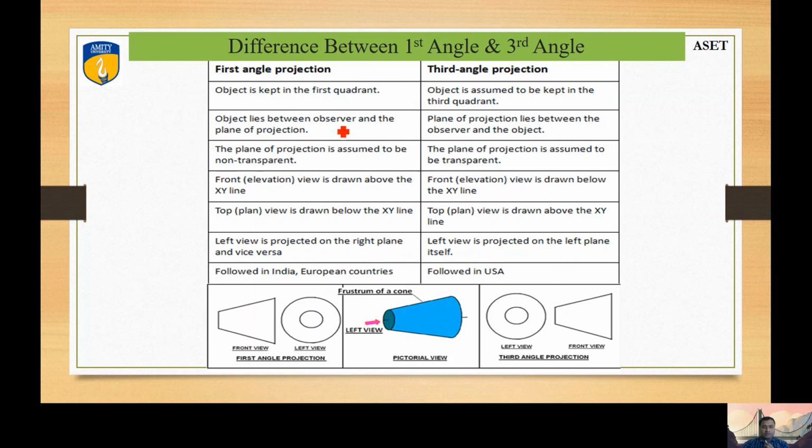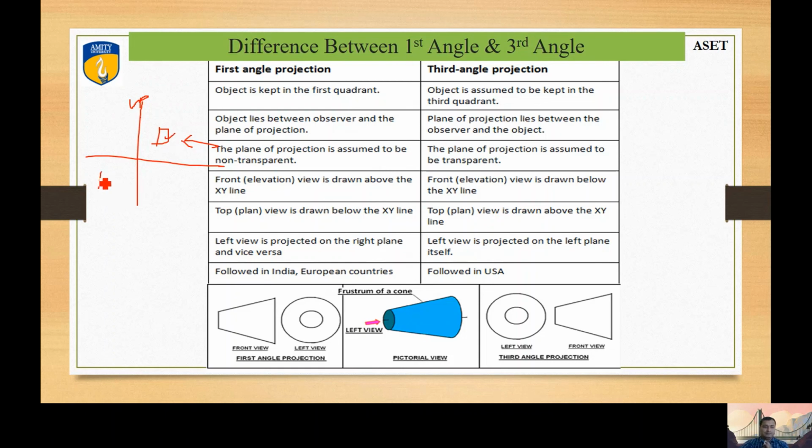In the first angle, the object is lying between the observer and the plane. This is very important. If this is my object, this is my observer, and this is my plane, the VP, then in the first angle the object is located between the observer and the plane.